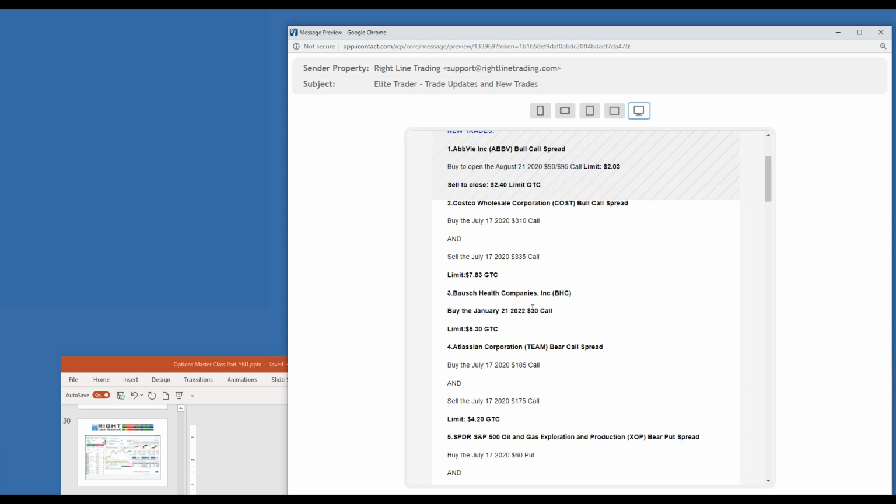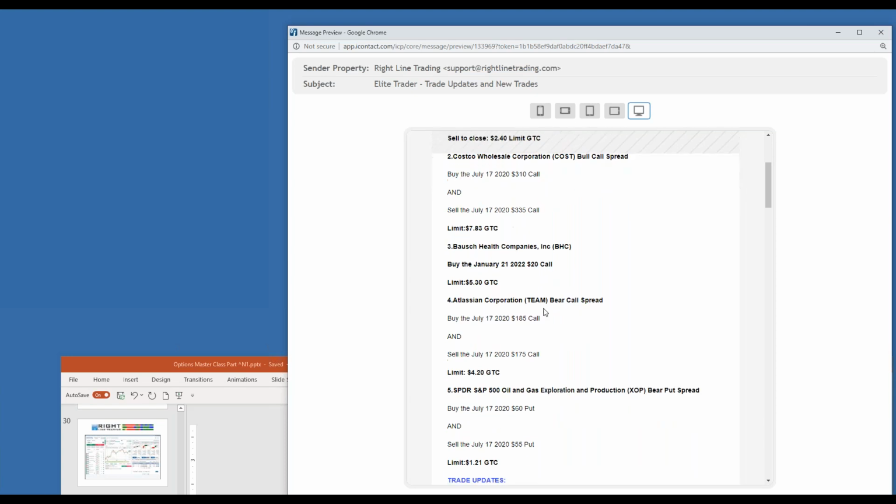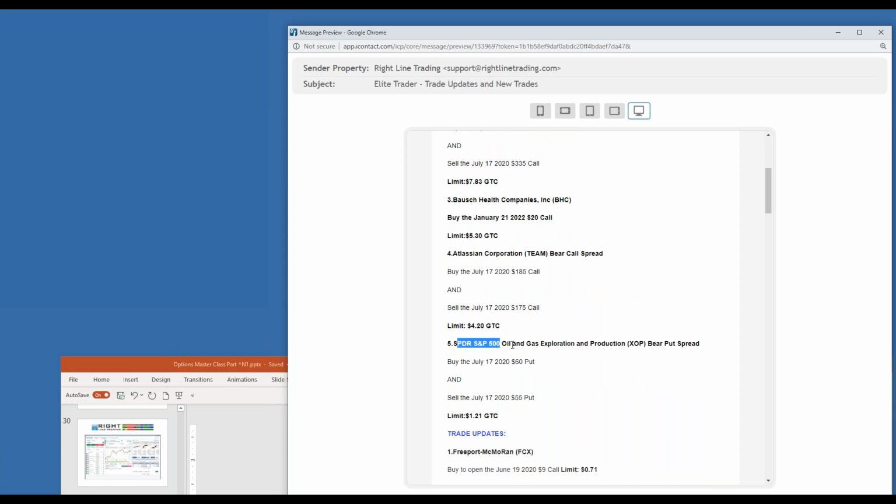It's a little too cheap right now to start selling calls against, but I'm gonna start doing that shortly. I shorted Atlassian and it is going down. I tried to get into the Spider oil and gas exploration on a bear put spread, and it just rocketed up. So I closed it by SMS text message.